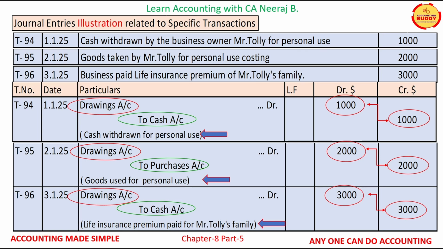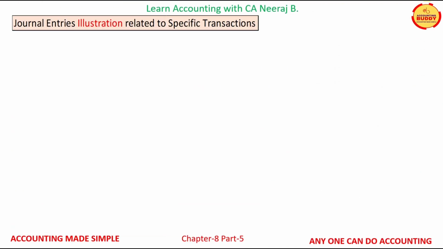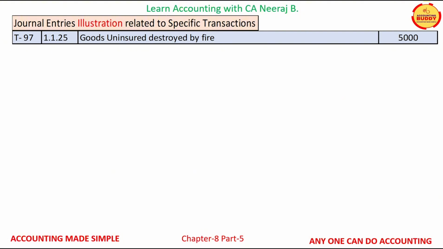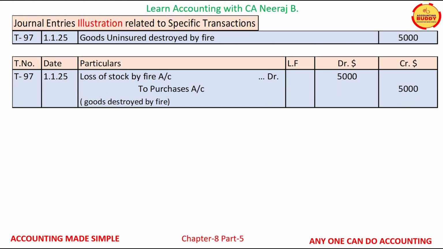Transaction 97 is uninsured goods worth $5000 destroyed by fire. The two accounts which are affected by this transaction are loss of stock by fire account and purchase account. Loss of stock by fire account is a nominal account and as per nominal account rule, debit all expenses and losses.